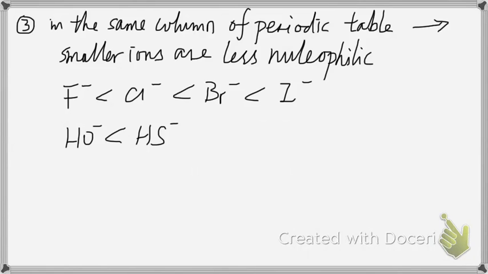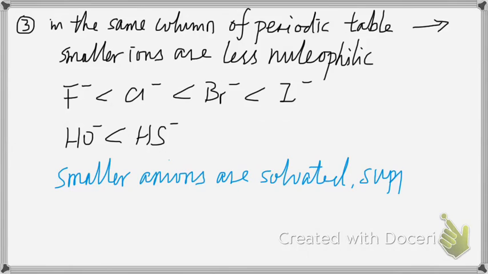The larger ions will be more nucleophilic than the smaller ones. This is because smaller ions are more strongly solvated. They are surrounded by solvent molecules which shield their electrons from being available to attack on something else.